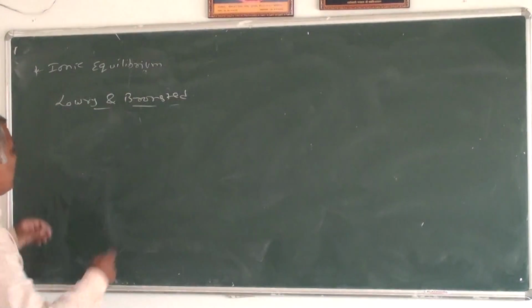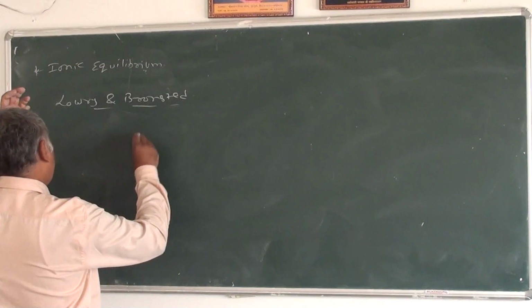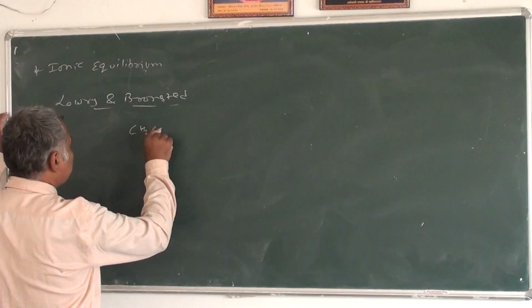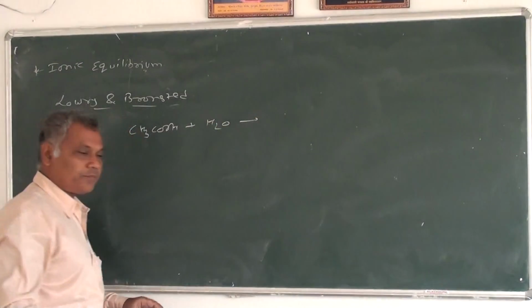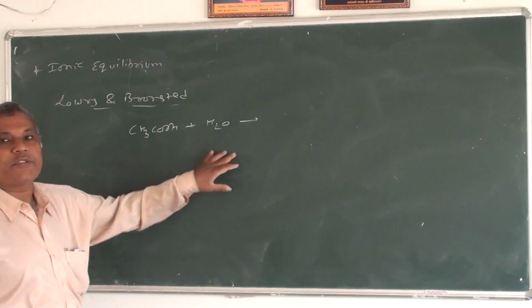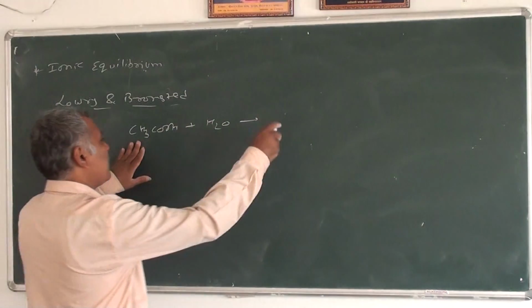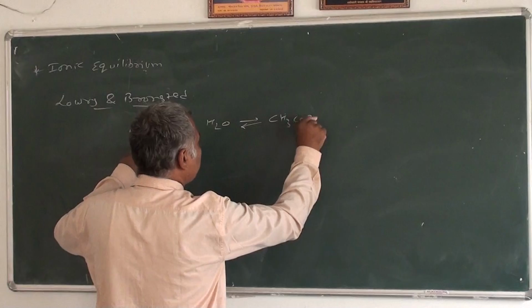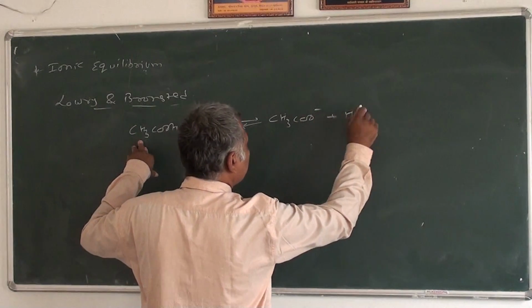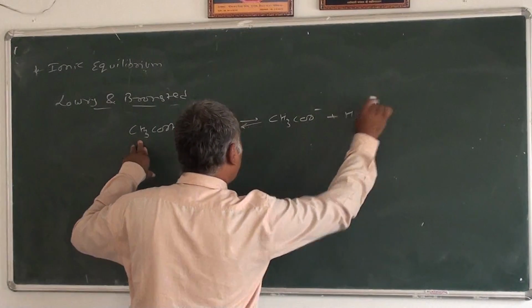Let's see the acid-base theory for it. Like we have CH3COOH. It reacts with H2O. We know that it does not react 100%. So in that case, an equilibrium will be established. It will produce CH3COO minus and H3O plus.